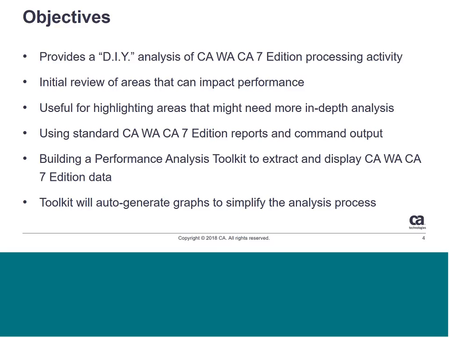But what I am building and ready to provide is a performance analysis toolkit. And I'll explain a bit more of that towards the end as to what that does, but basically it's designed to generate the graphs that you will see throughout this presentation automatically based on the report data that's required, so it will simplify the analysis process.